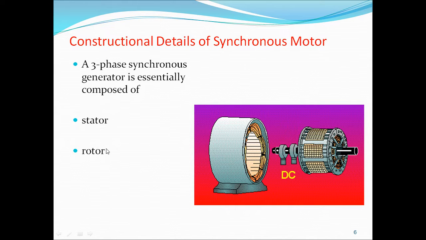The part which is rotating is called rotor.